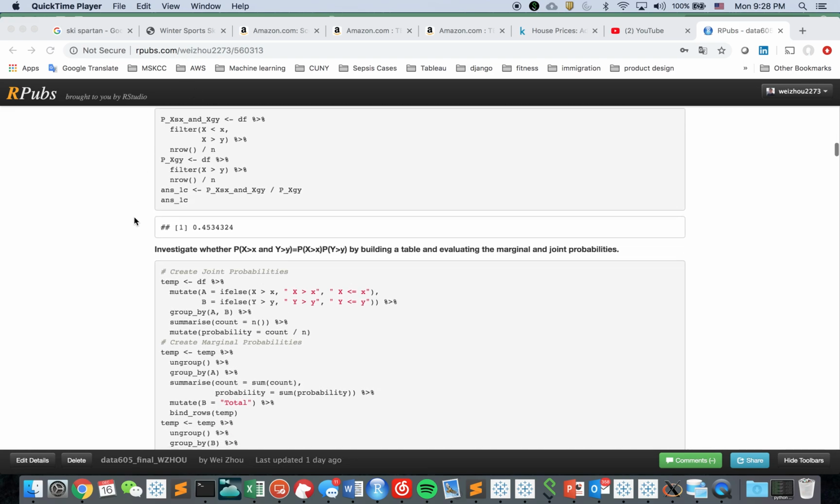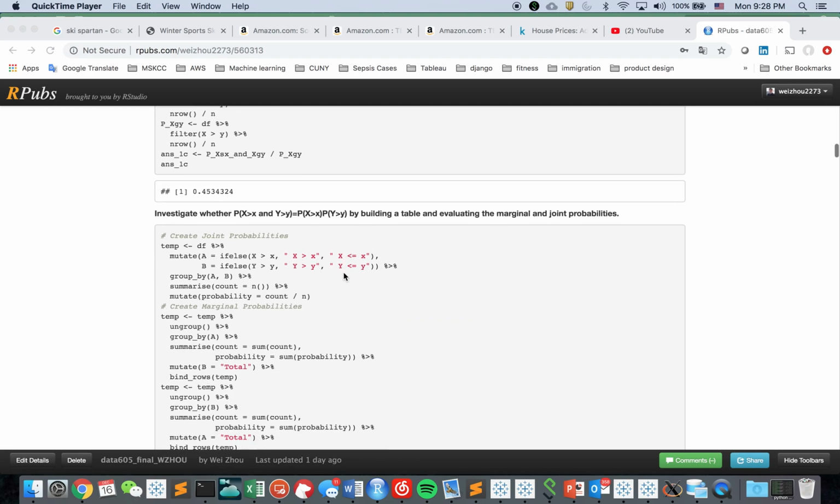The second question is to investigate whether P(X greater than x and Y greater than y) equals P(X greater than x) times the probability that Y is greater than y, by building a table and evaluating marginal and joint probabilities.